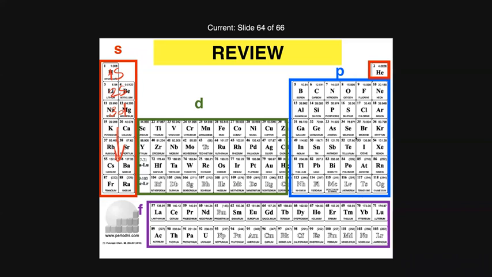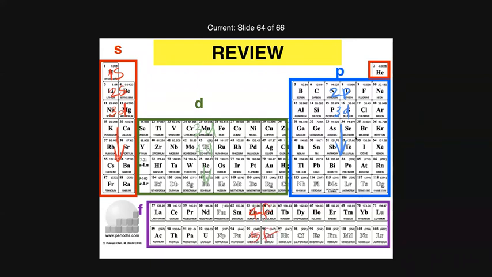For p, you start from 2p. 2p starts from the second row, so 2p, 3p, and so on. For d, you start from 3d, so it would be 3d, 4d, and so on. For f, we start with 4f and then 5f.